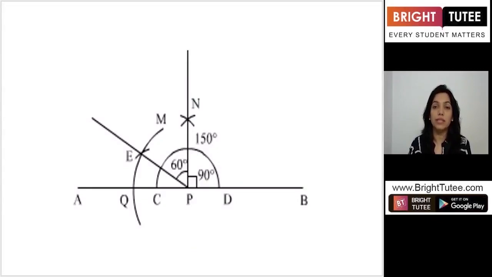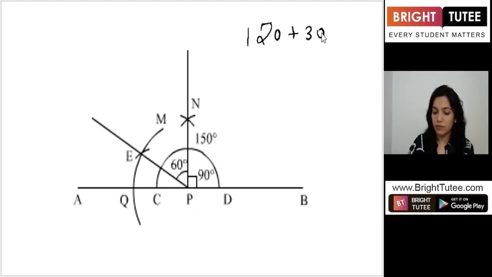Okay, you can see that they have drawn this by drawing 90 degrees and 60 degrees. Now I would like to say here that there are different ways to draw a certain angle. So you can draw 150 by drawing 120 added to 30, right? Another thing that you can do is you can draw 90 degrees and then you can add 60 to it.